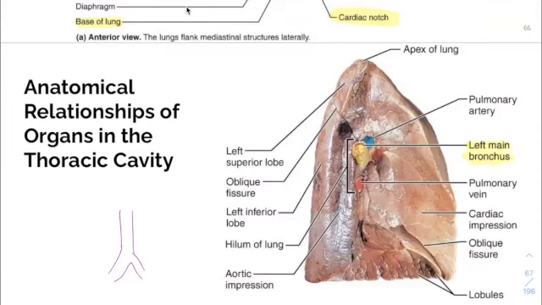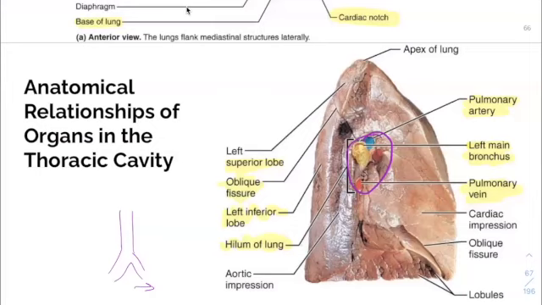So we're looking at that medial view, as it says down here. Then you can see the pulmonary artery and the pulmonary vein coming in and out of the lungs. You see the superior lobe with that oblique fissure and the inferior lobe. The hilum of the lung is where all the blood supply and that main bronchus come from.